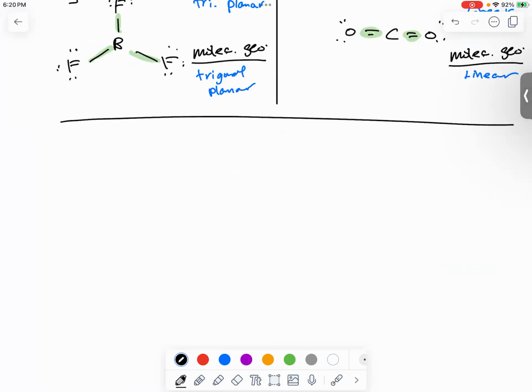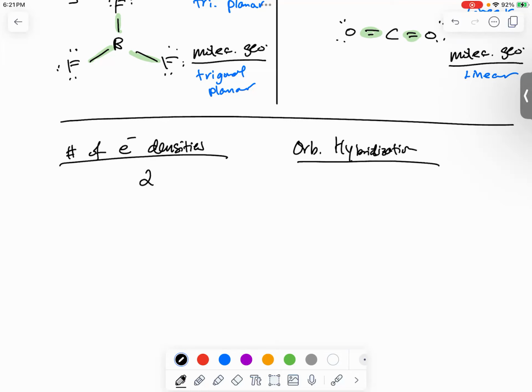If there are two electron densities, let me save some writing here. Let's just say number of electron densities, then we have orbital hybridization. If you have two electron densities, it's known as sp. If you have three electron densities around the central atom, then we call it sp2. If we have four electron densities, then we call it sp3.